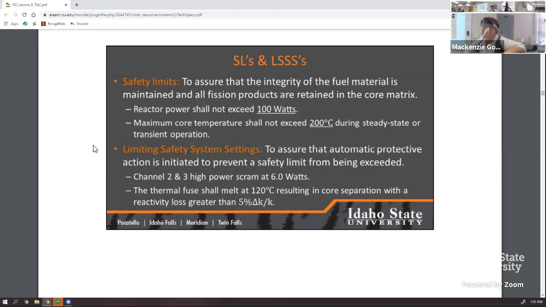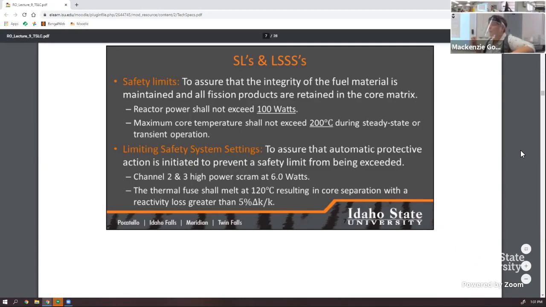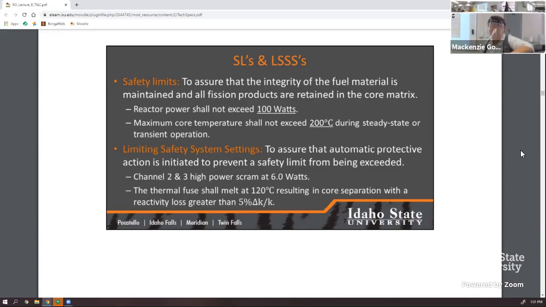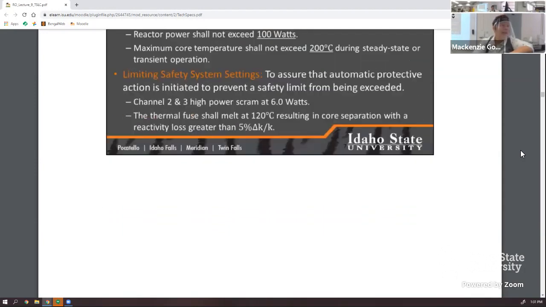And you have to be able to explain it to the NRC examiner, that you understand why all of your systems are set at 6 watts and 120 degrees, and how that protects your safety limit. That is like the thing. Anyone have any questions on that relationship? Okay.